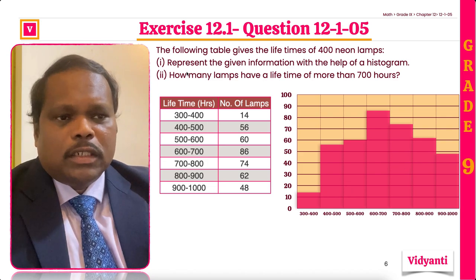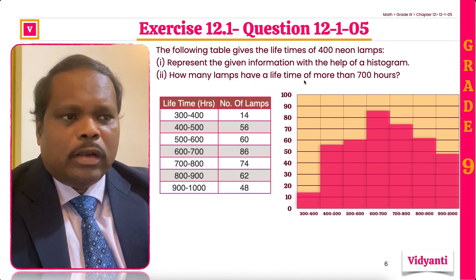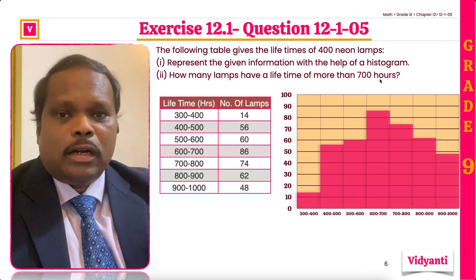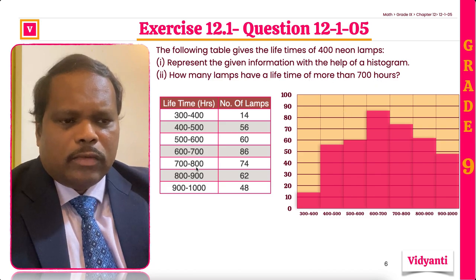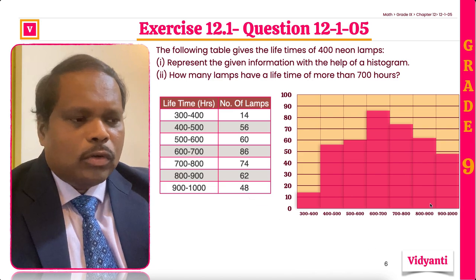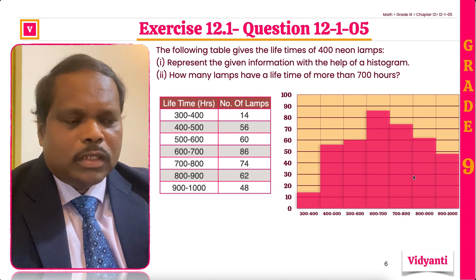Now, the second question is how many lamps have a lifetime of more than 700 hours? More than 700 hours will be the last three records. That will be 74 plus 62 plus 48. If you want to represent them here, that will be the last three columns, 74, 62, and 48.